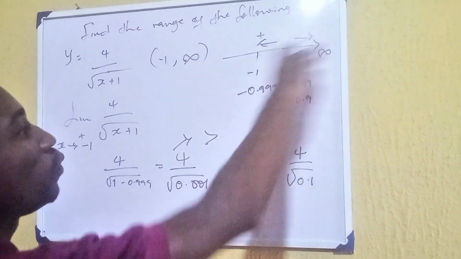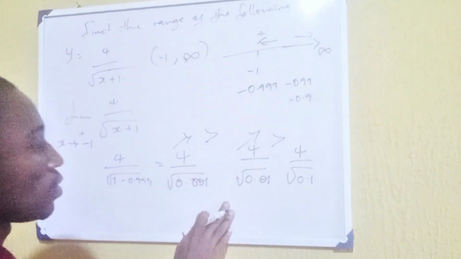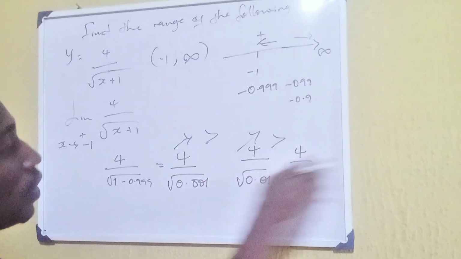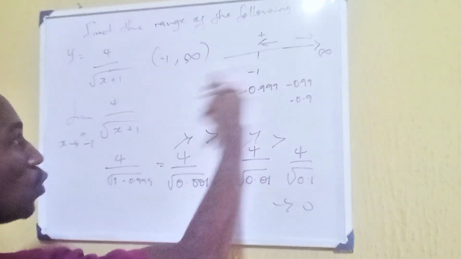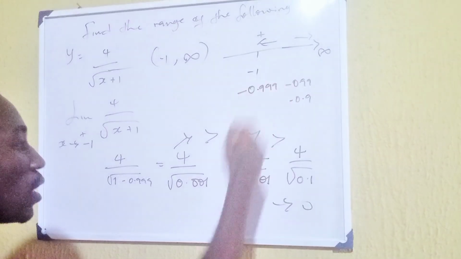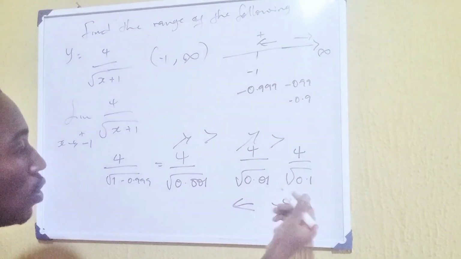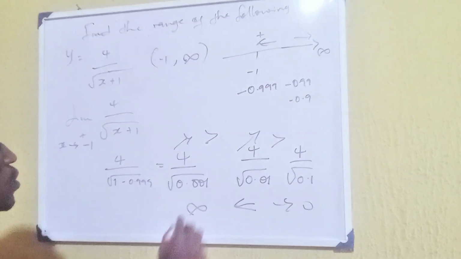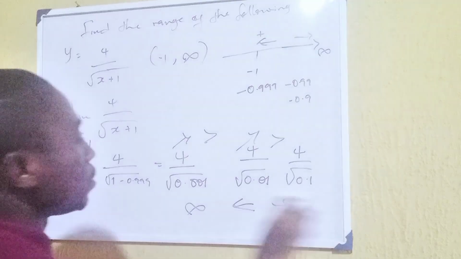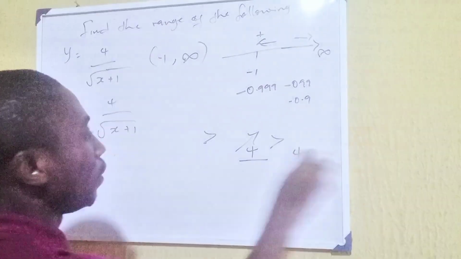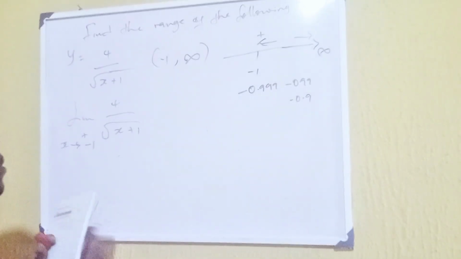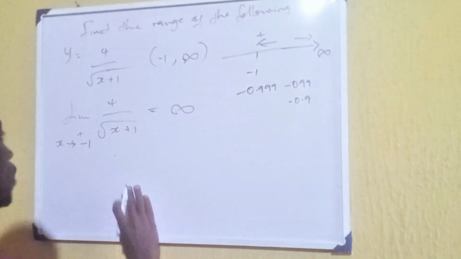That means as we move towards infinity, the value tends towards 0. Then as we move towards minus 1 from the right, the value becomes bigger and tends towards infinity. So in that case, we'll be having positive infinity as our answer.